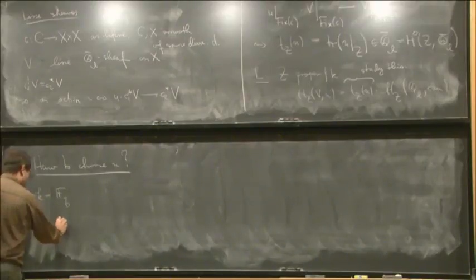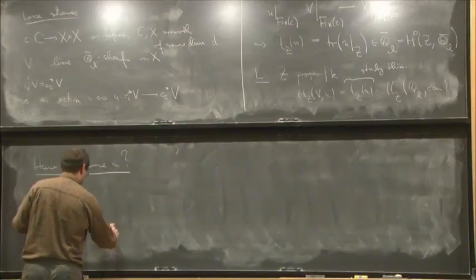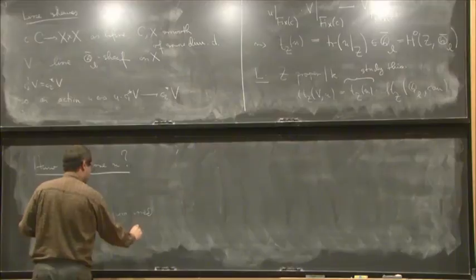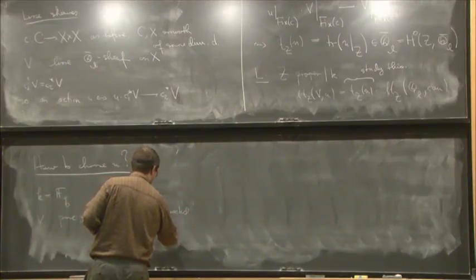So I'll assume it's pure of weight 0, geometrically irreducible, and I'll assume that it has connected monodromy group.